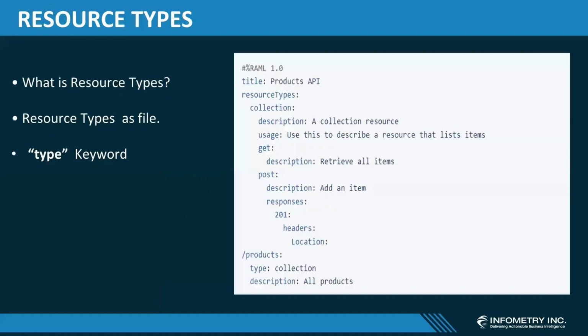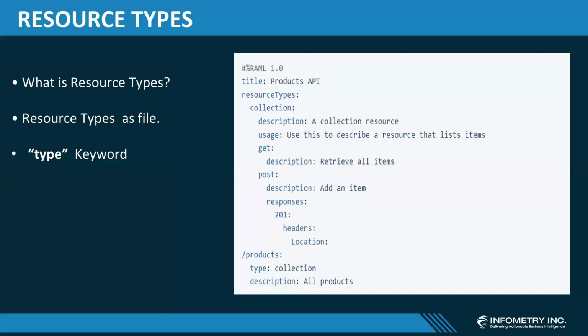So the next is resource types. A resource type is also used to extract patterns from resource definitions that are common across resources. When I say traits, it's method definitions that are common across resources. When I say resource types, it is the resource definitions that are common across resources. Basically, it is a template used to define the description and method parameters, which can be used by multiple resources.